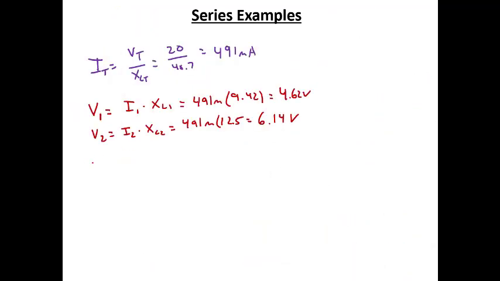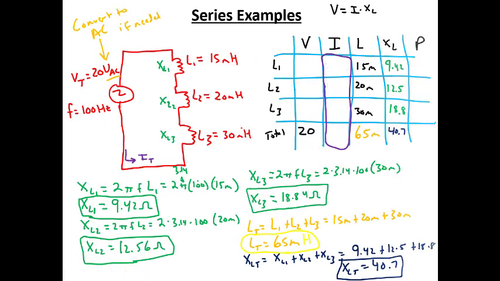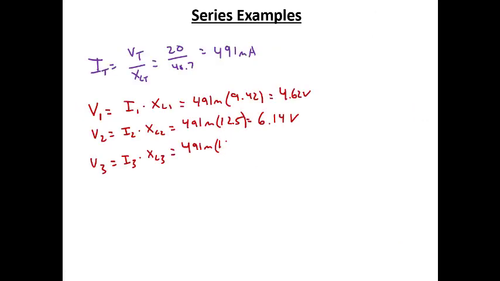And then for V3, I get I3 times X sub L3. So I'd have 491 milli times 18.8. And if I do that one on my calculator, I get 9.2 volts.